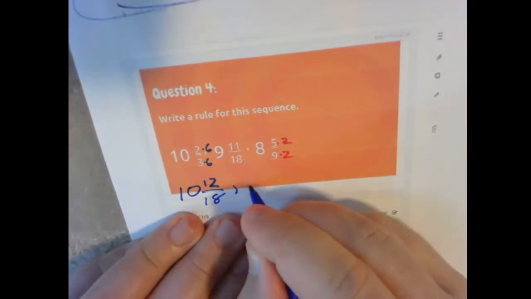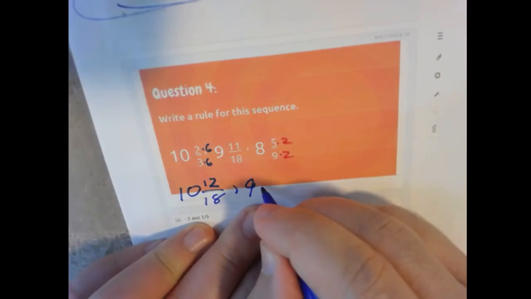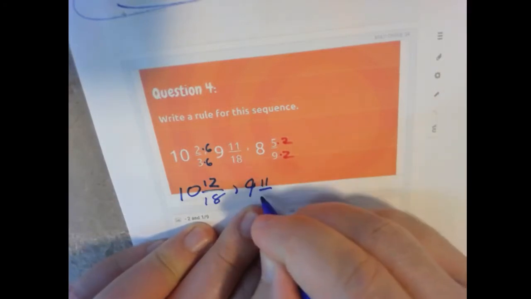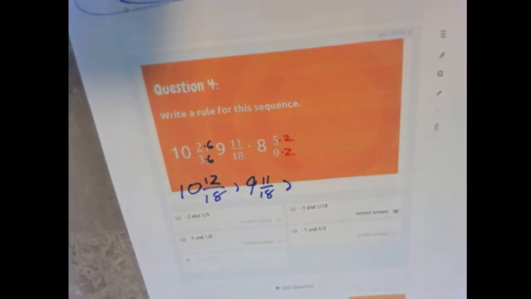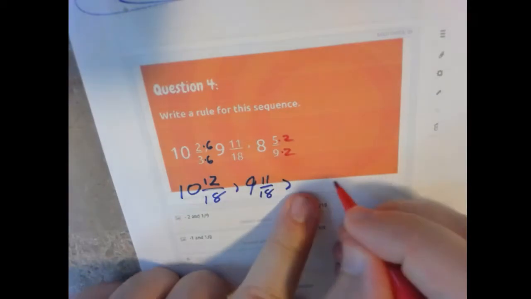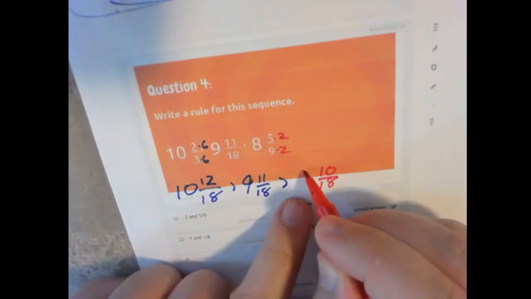Then we have 9 and 11/18. So that's good. We have common denominators on the fractions now. And finally, this side over here, 5 times 2 is 10. 9 times 2 is 18. And that was a big number of 8.